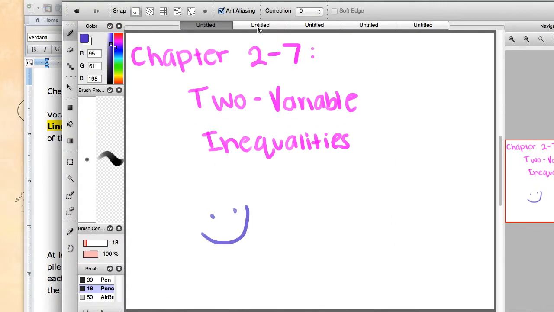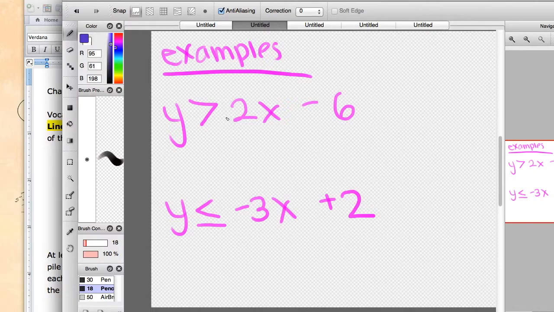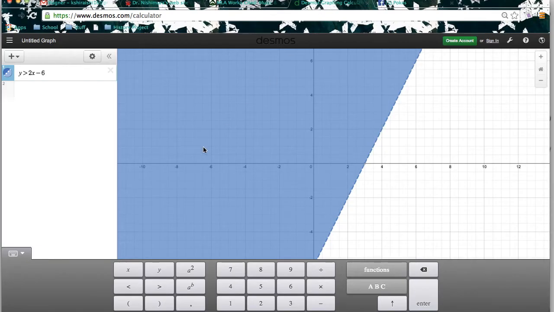So for an example, here's a simple example. I put down that y is greater than 2x minus 6.